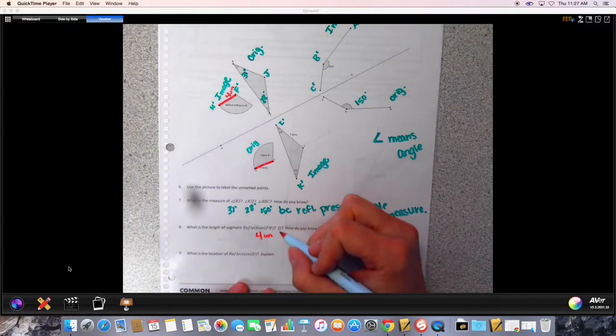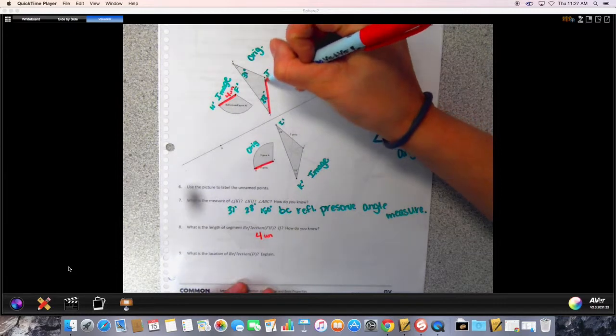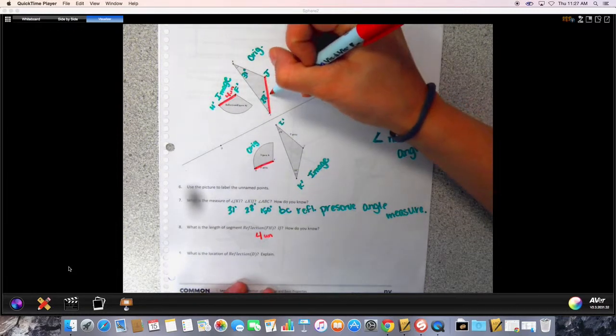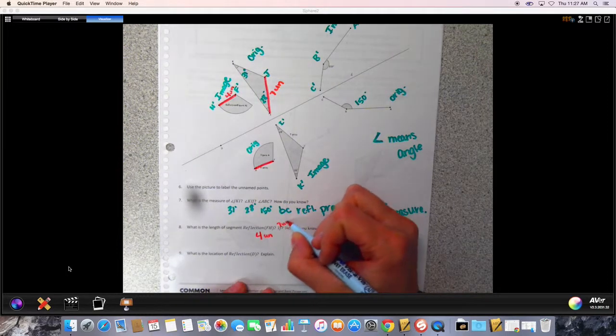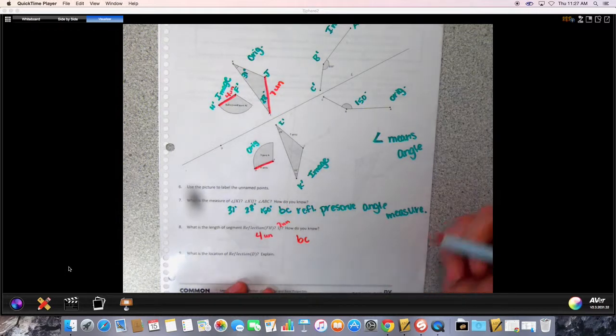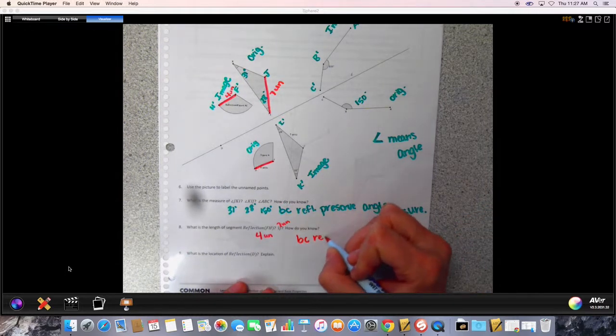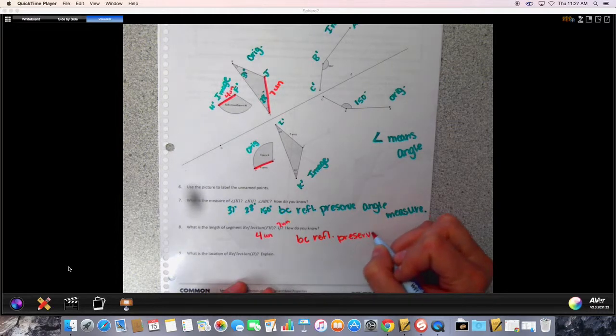How about IJ? So here's IJ. If you look across, 7 units is what it matches with. How do you know? Because, again, from that first page, reflections preserve length.